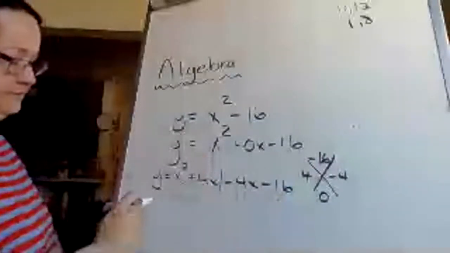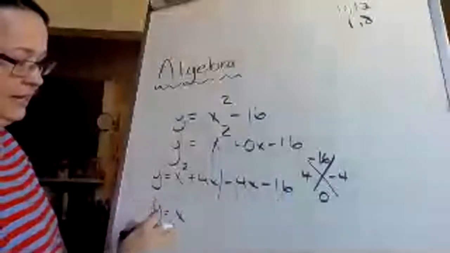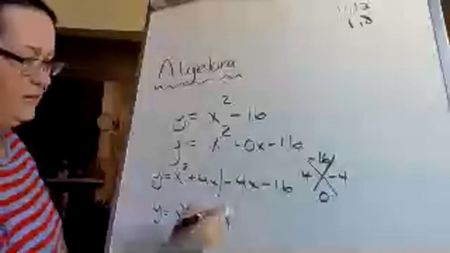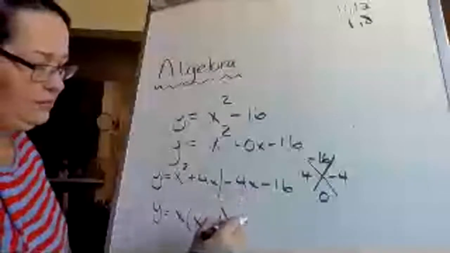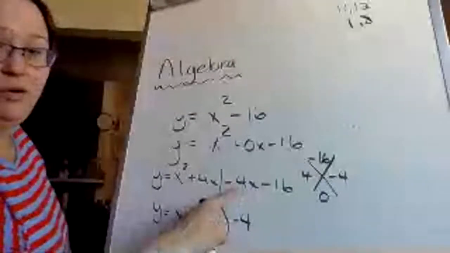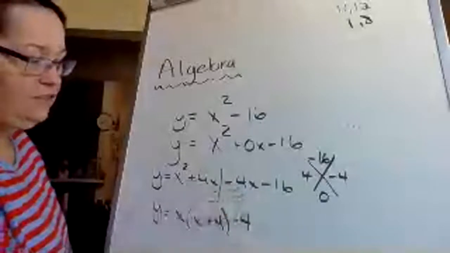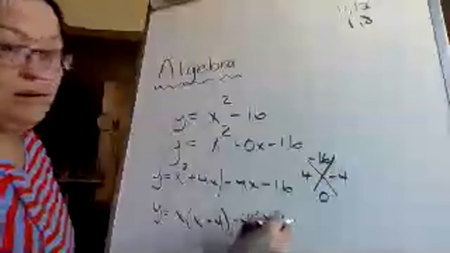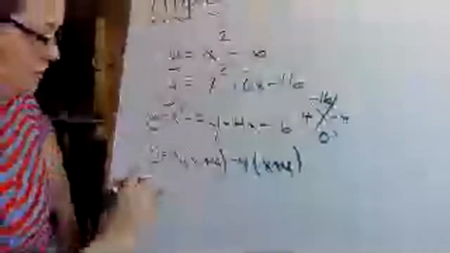Got it? I take an x and I get x plus 4. I take out a negative 4. Remember, if the leading coefficient is negative, you need to take out a negative. So then I get x plus 4. My two sets of parentheses are exactly the same.